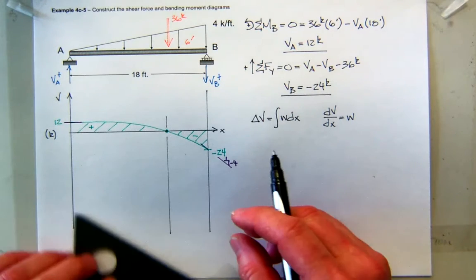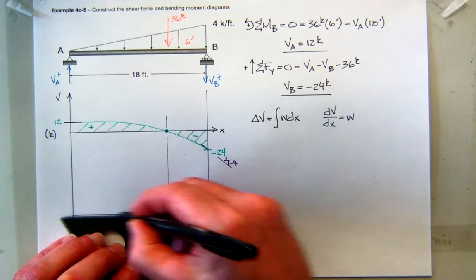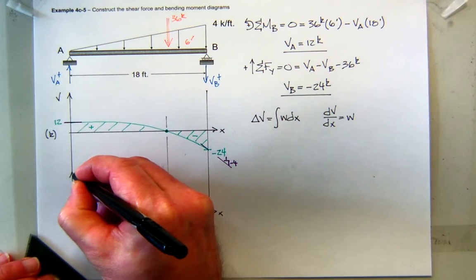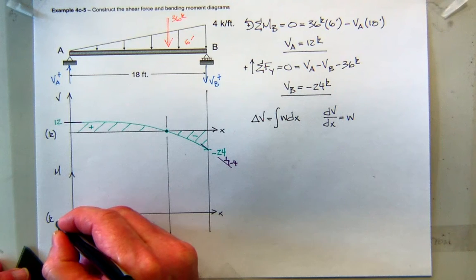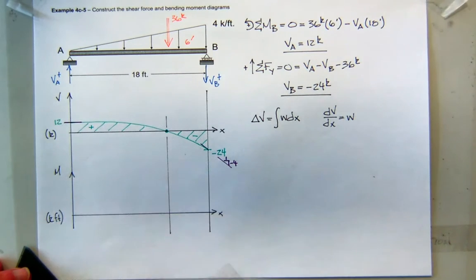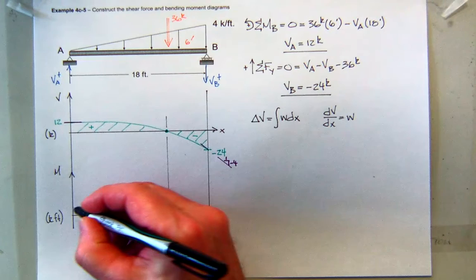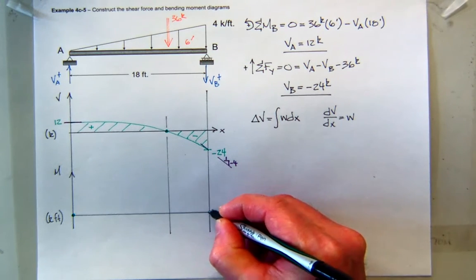When I go to draw my moment diagram, I'll go ahead and assume positive x, positive moment, and I'll do kip feet for my values. I know that at A I've got no moment, and at B I've got no moment.